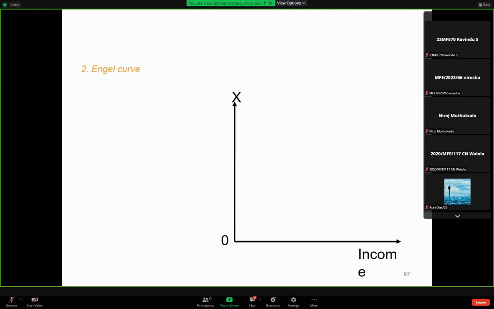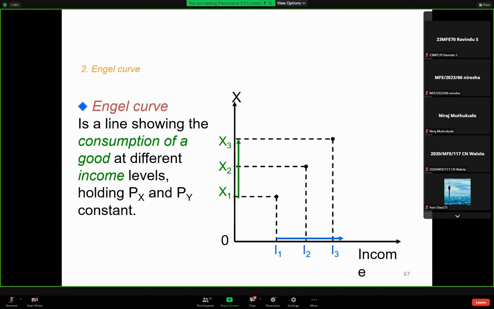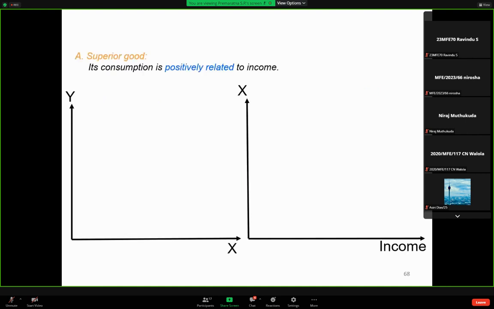From this income consumption curve, we derive the Engel curve, the relationship between money income and quantity demanded.